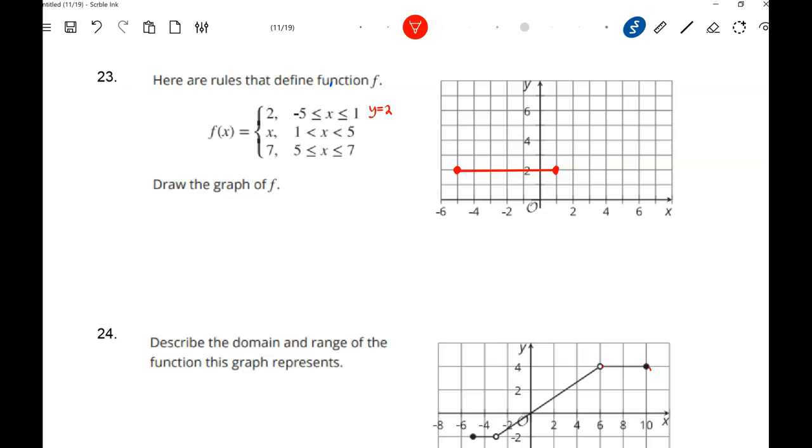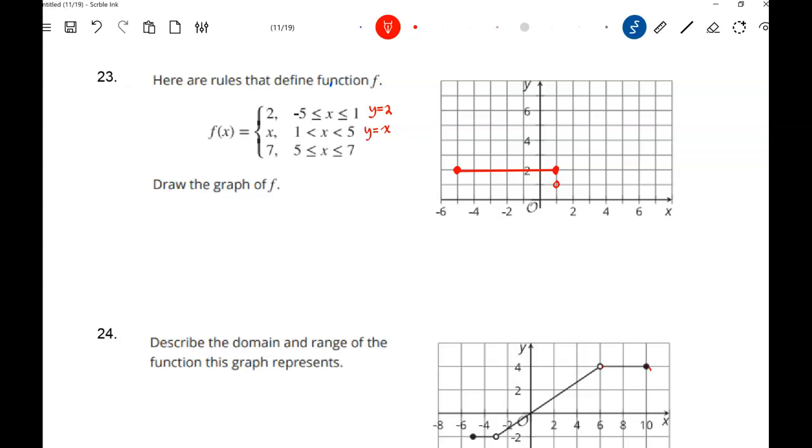Then this next one says y equals x if x is from 1 to 5. So what this one's saying is y is the same thing as x. If x is 2, so is y. At 1 it's an open circle because it's just less than.